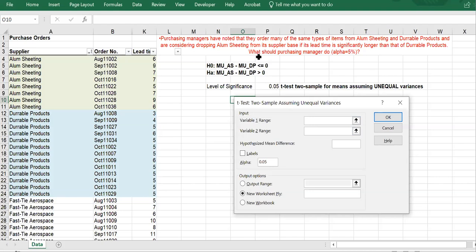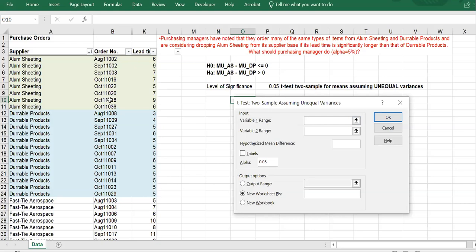But this is obviously an upper tail type of test, so the sign is strictly greater than. And because it's a one-tail test, it's extremely important to be careful when you're selecting the population group.